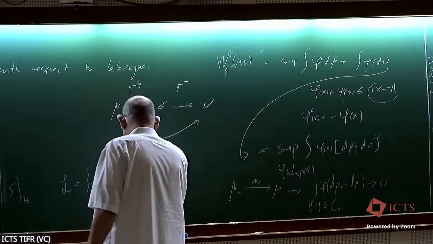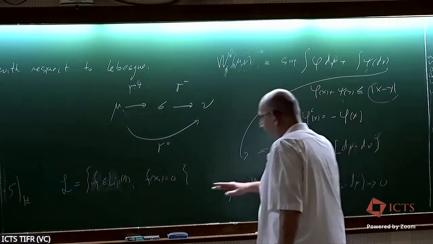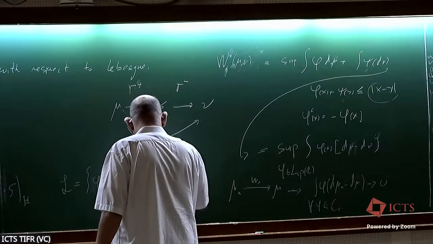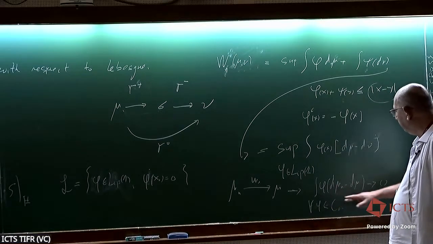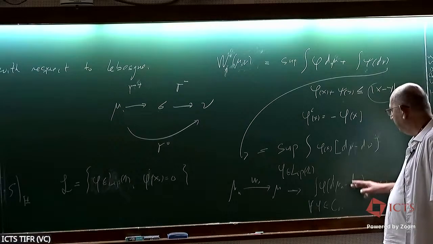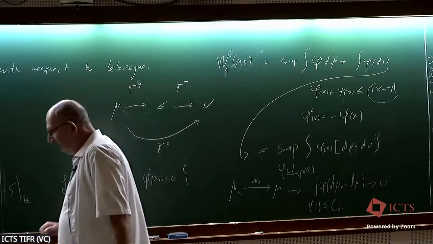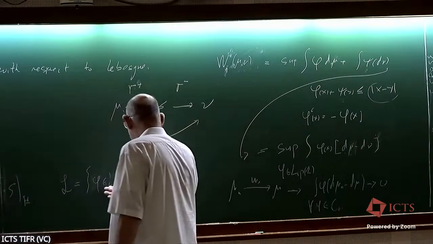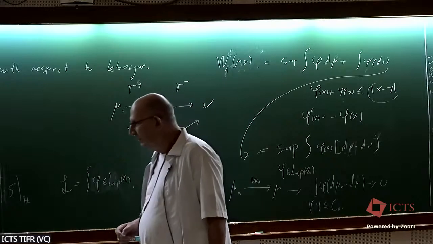We can always subtract a constant from the function phi, and you can add or subtract a constant for phi without changing this integral, of course, because these are two probability measures. So this set of functions is compact and bounded in C0.